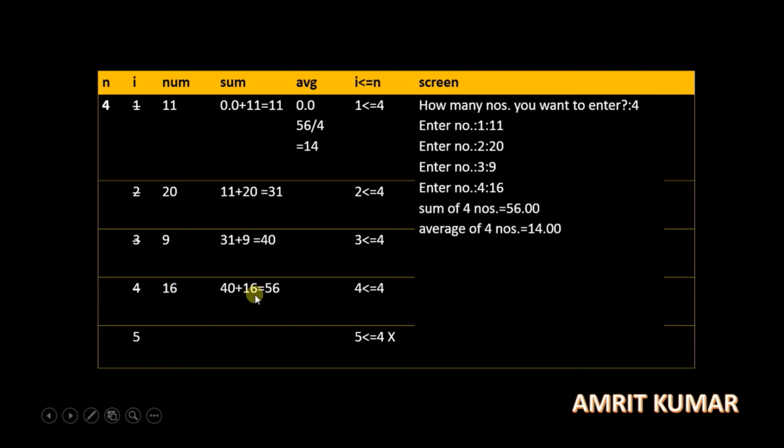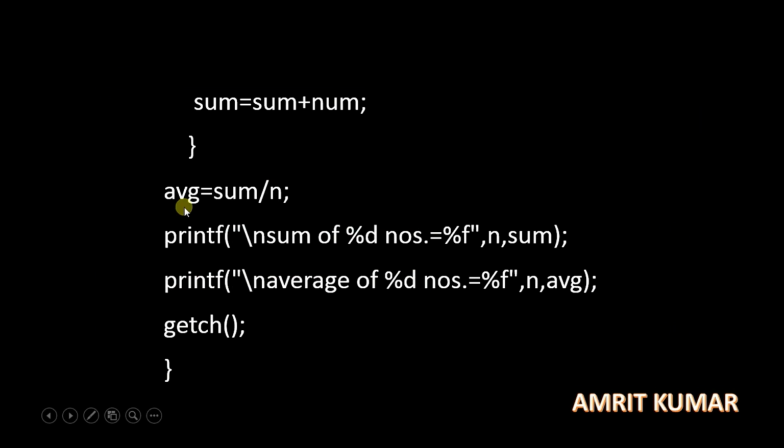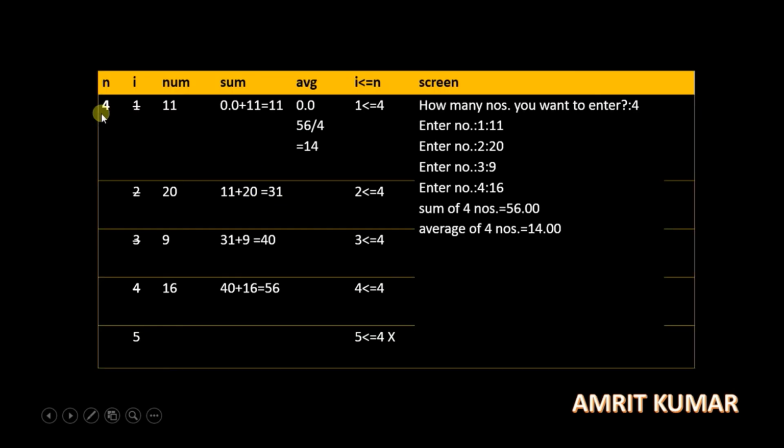So 40 plus 16 is going to be 56. So actually the summation has counted all the values here. And this is the average, sum divided by n. So n is 4 and sum is 56. So 56 divided by 4 is actually 14.